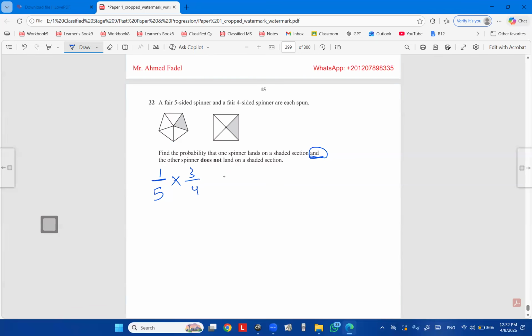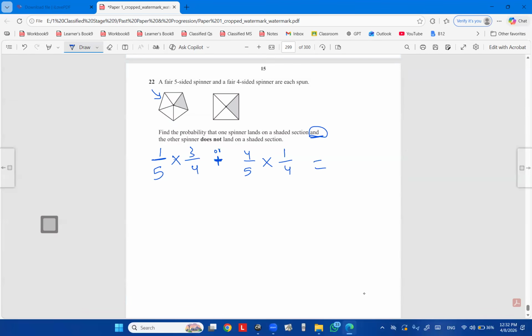That's it, mister? No. Why? Because it could have been the opposite. It could have been this is the unshaded and this is the shaded. So I got "or," which is another option. We agreed that or is addition. So plus the unshaded from here, which is 4 out of 5, times the shaded of the other one, which is 1 over 4.